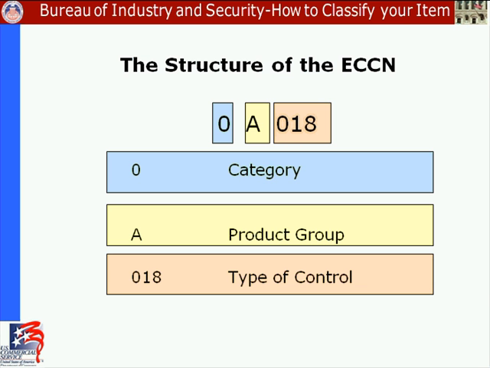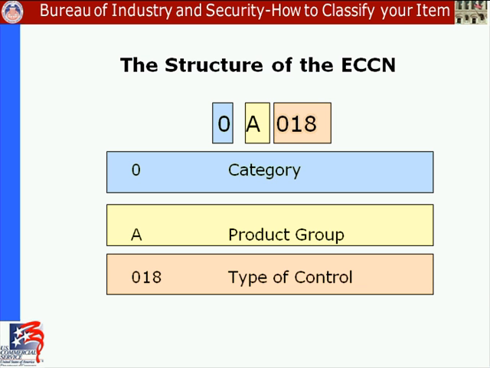Okay, well, let's talk about each of these now. The first place is the category. We have 0 to 9. And the first category, the 0, is miscellaneous or some nuclear items. Miscellaneous means they don't belong to any other category. Each category represents, you may call it, one industry, okay? So category 0 doesn't belong to any specific industry.